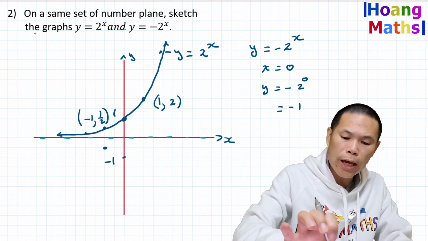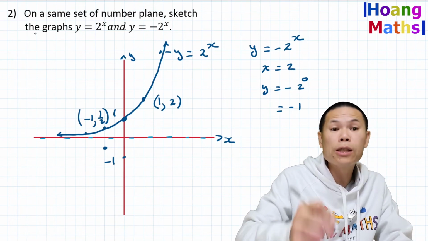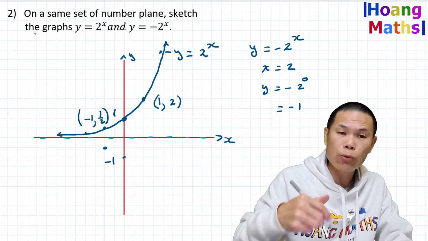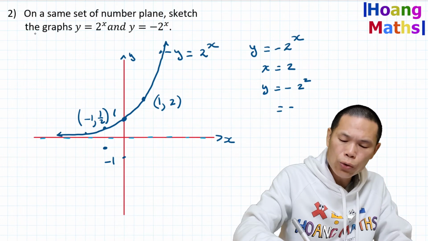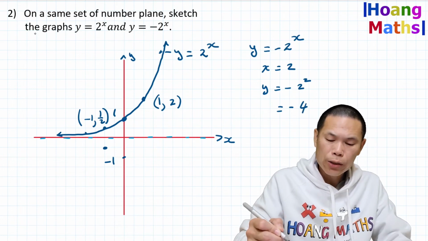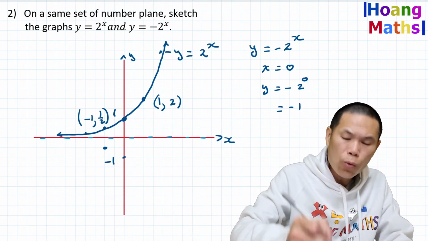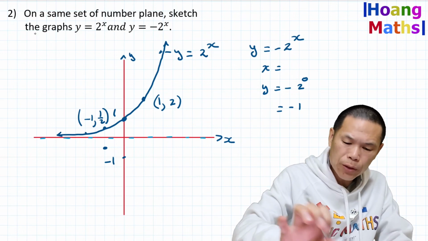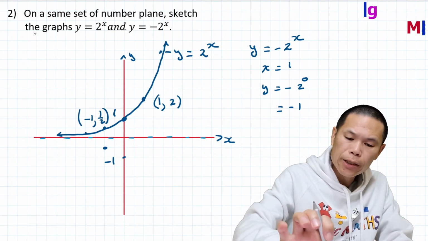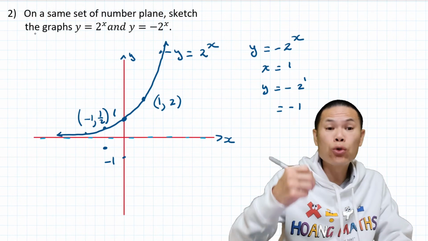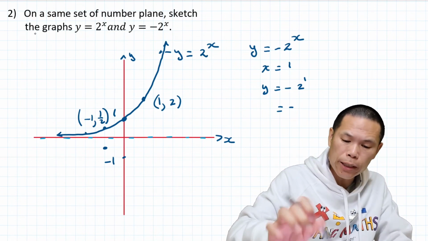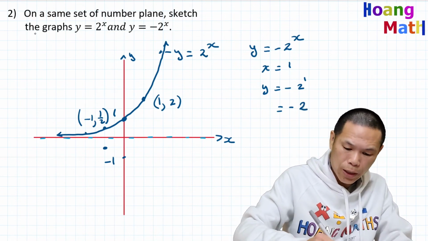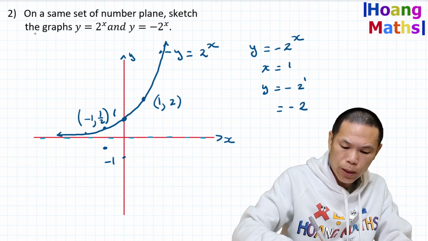And when x is equal to 2, we just need to see the behavior of the graph, so we can just quickly sketch it. When x is equal to 1, that becomes negative 2 to the power of 1, which is negative 2. So 1, negative 2 here.